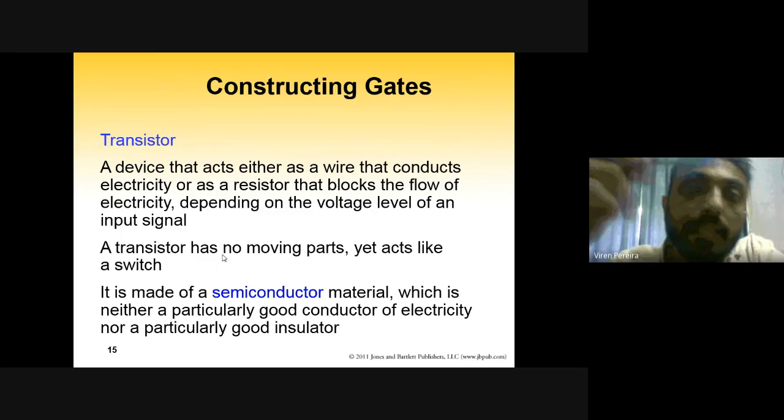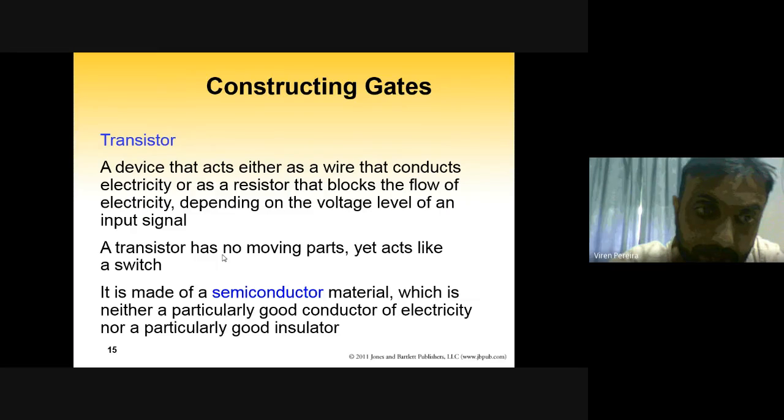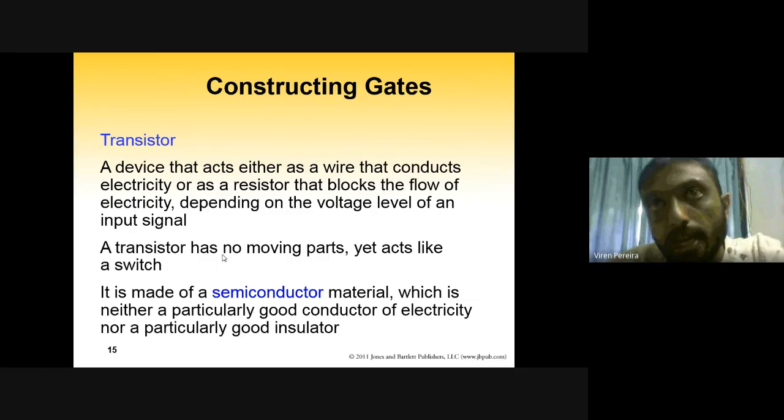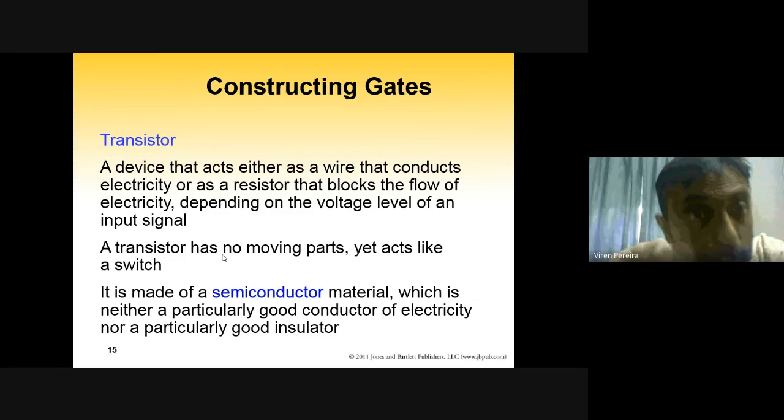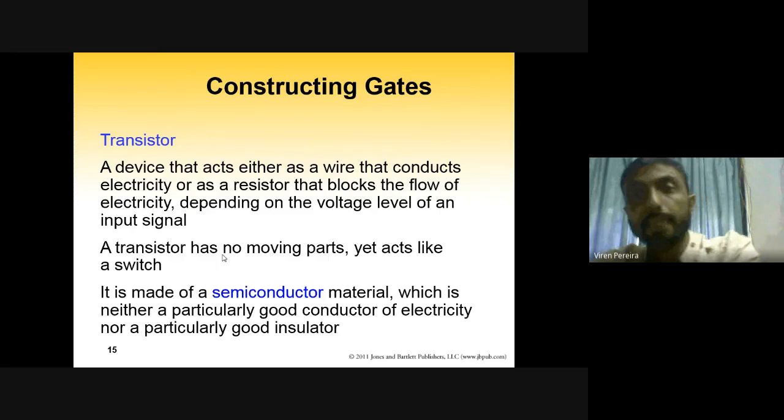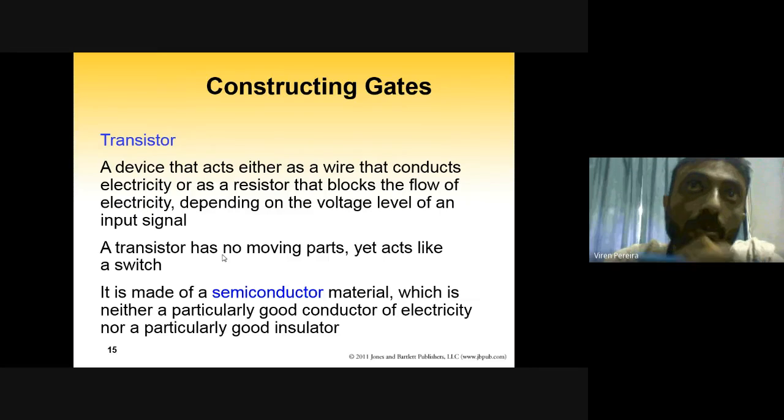These gates are basically a combination of transistors. Transistors are used to make these gates. It could be a BJT, an NPN BJT, or a PNP BJT, whichever you want. So transistors are used to make these gates so as to get a 0 or a 1 as the output.